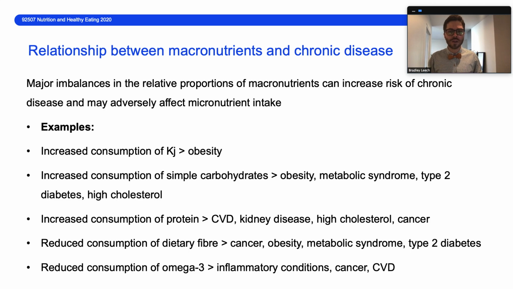Now we're going to be focusing on type 2 diabetes quite a lot in this session. Type 2 diabetes is an environmental condition, whereas the environment, which is our diet, can actually have an effect on type 2 diabetes. Another element in which simple carbohydrates can have an effect is on cholesterol.